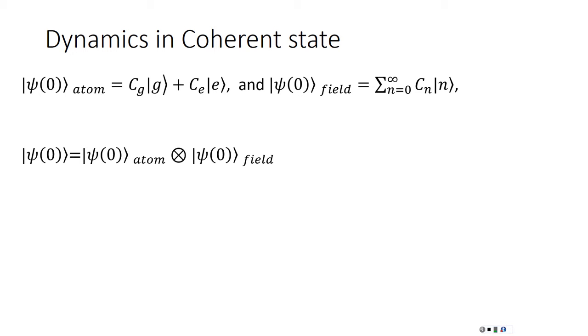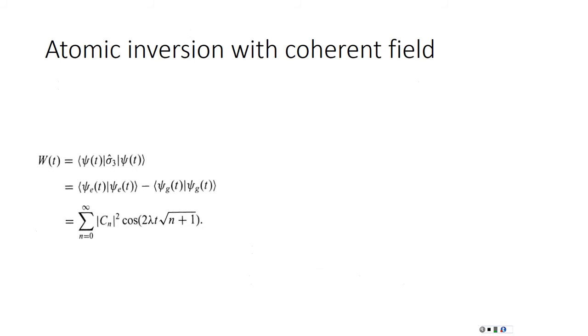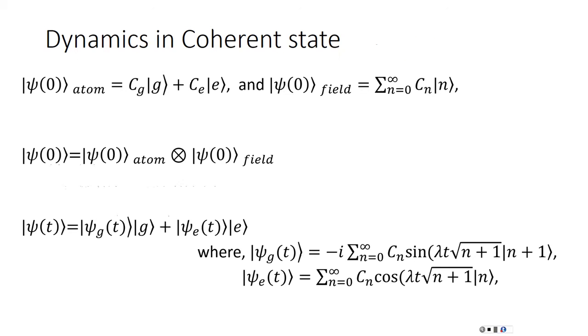And now in the ground state, the basis we can define by this one is the atomic basis and the field basis with the direct multiplication of these two. And if we solve all of this by putting it in the Schrodinger equation, we will get the time dependent ground state wave function, and this one wave function. This depends on these two terms.